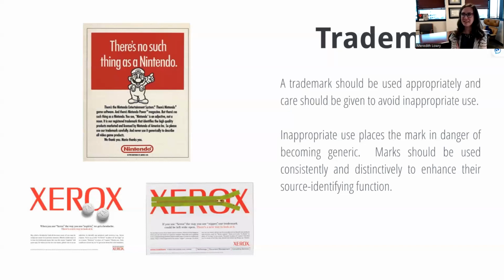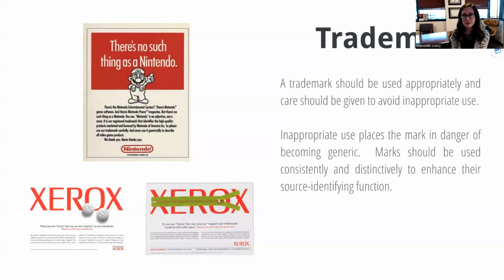It's essentially the public taking a term and using it so frequently. You would think it's a good thing because your name's out there, but they're almost using it interchangeably for other products. So all copies are not a Xerox, but only Xerox copiers can create Xerox copies.